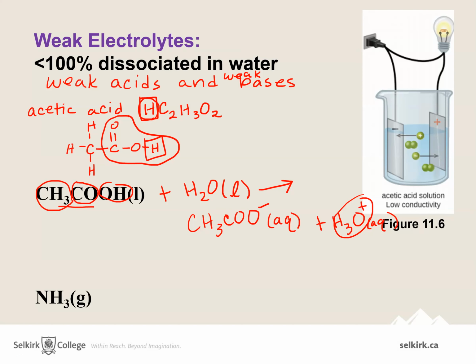But I'm not done. I have to change one thing. Strong acids completely react, but weak ones only produce a little bit of the product in equilibrium with the starting material. And for a weak acid like acetic acid, when we reach that state of equilibrium, that state of balance, most of it stayed intact as neutral molecules.